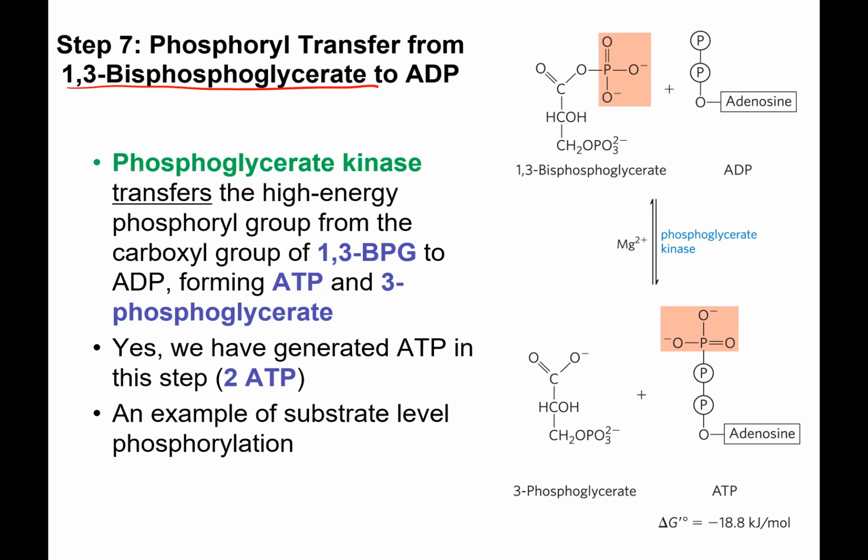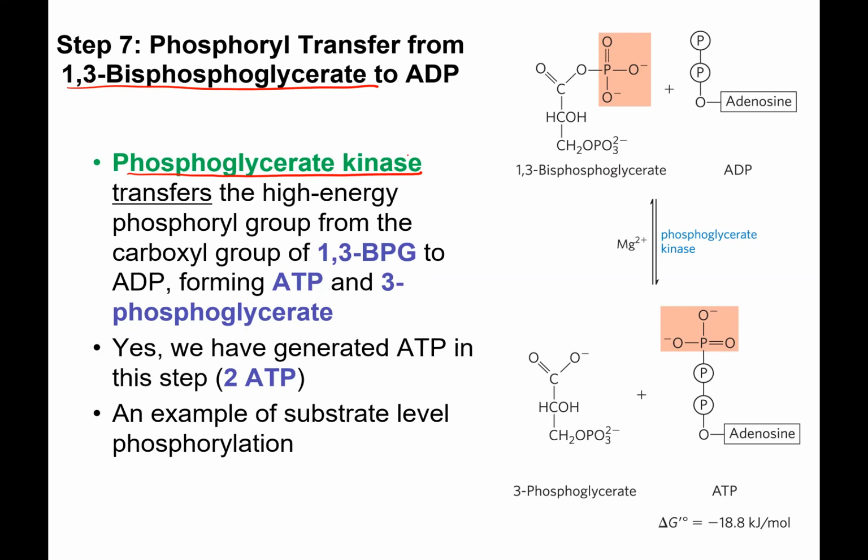And one thing I want to point out is this is a kinase enzyme, phosphoglycerate kinase, but normally we associate kinases with adding phosphates to biological substrates, right?